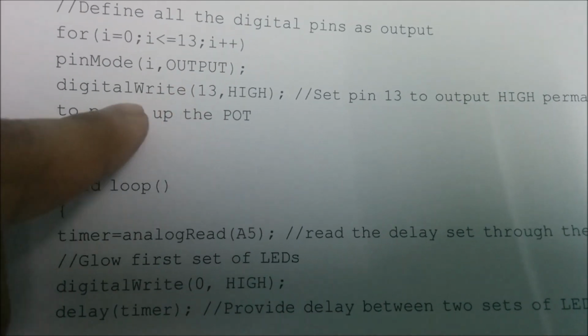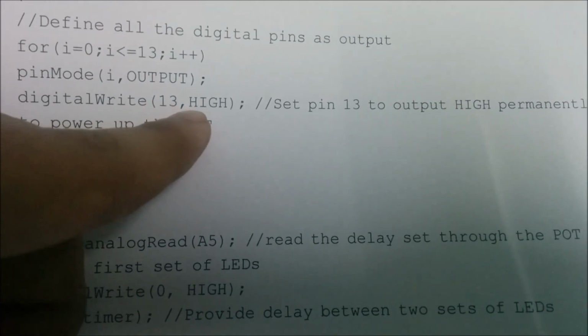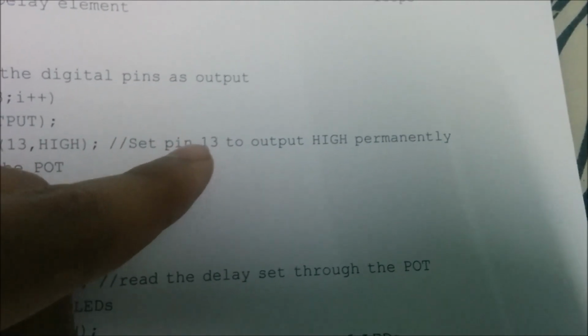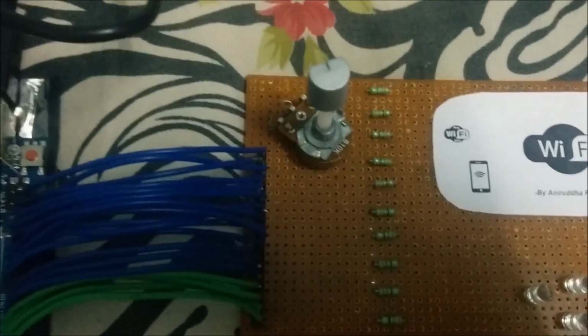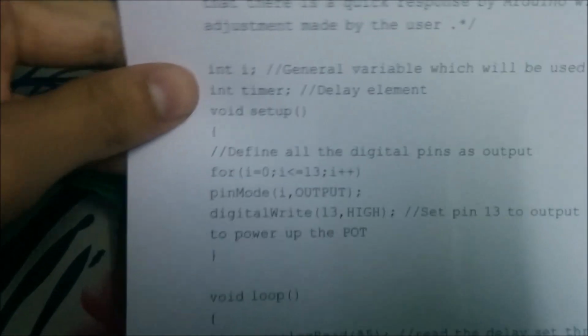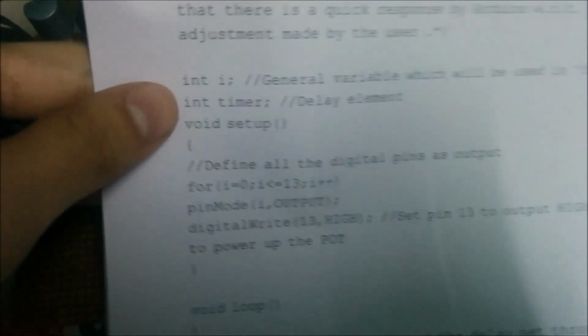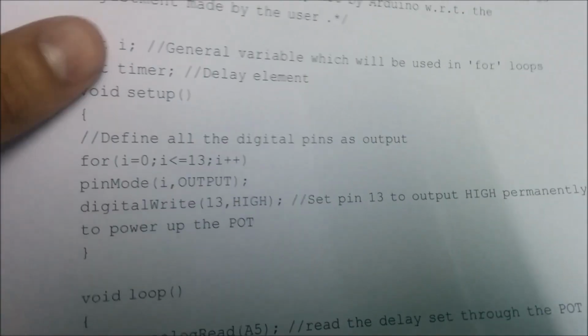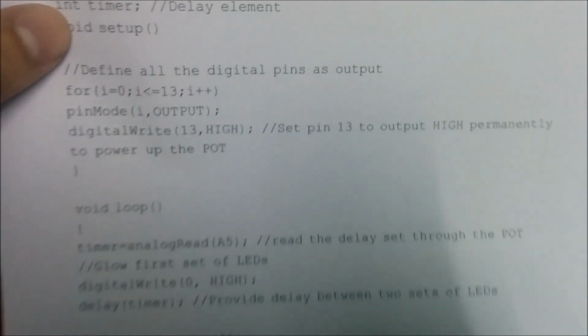Next, we would be setting the pin number 13 high permanently. This is because, as I've already told you, our pot derives its power from this digital pin number 13. For that, we would be requiring to define this set of code in the setup.